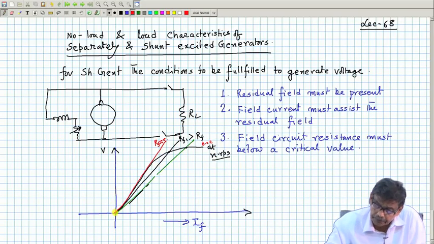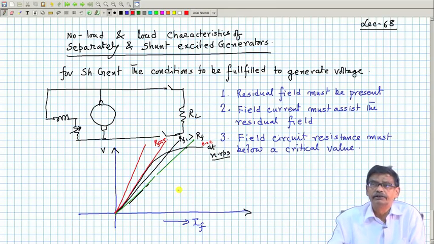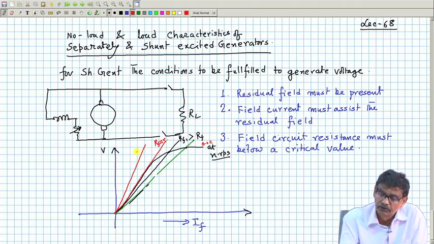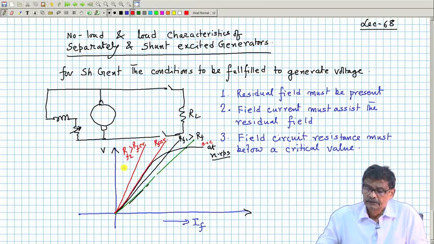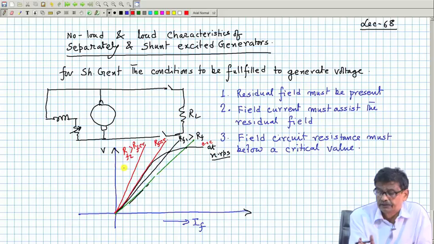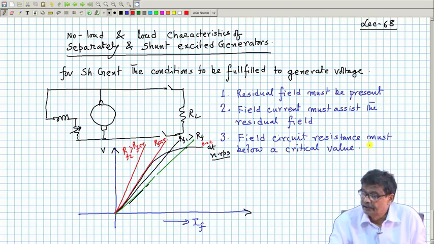If you make it bigger than this, then there is no point of intersection, and no voltage will be induced. So RF2, which is greater than RF critical, gives no induced voltage. That is what I just wanted to mention; perhaps I did not tell you what the critical resistance RF critical is.